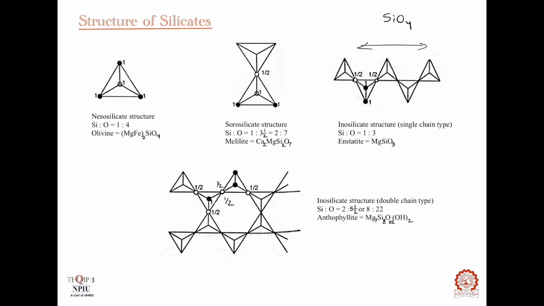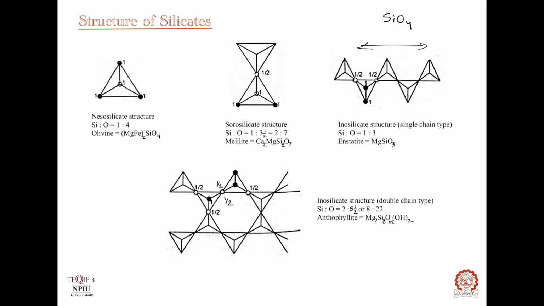In one silicate tetrahedron unit, the number of oxygen for one silicon atom is 4. See here, in 1 unit of silicon tetrahedron, the silicon atom lies at the center, and at all the 4 corners there are oxygen atoms. But when this oxygen atom is shared between the tetrahedron units, then it is counted as half for one silicon atom.